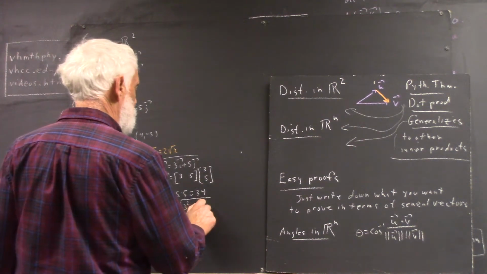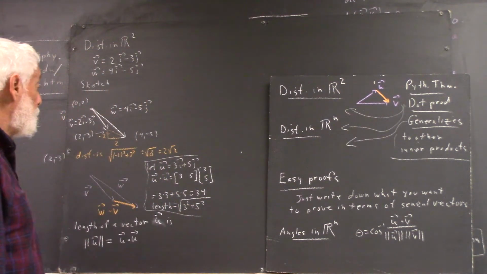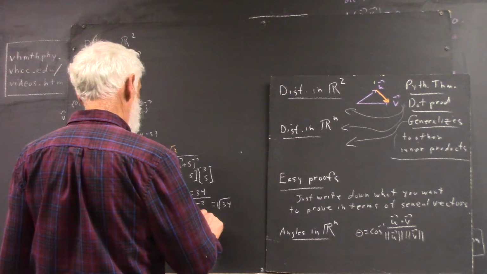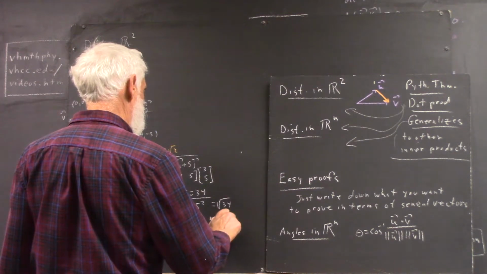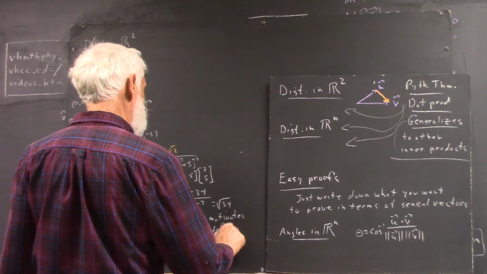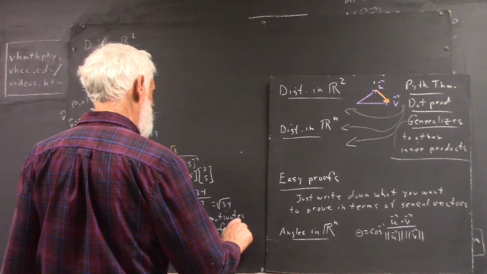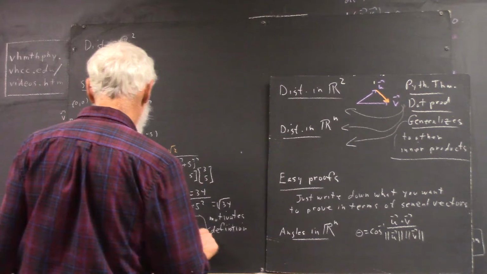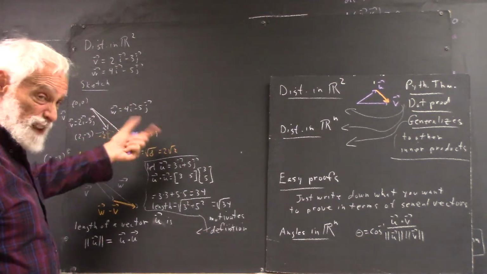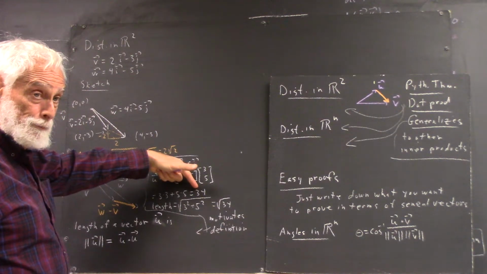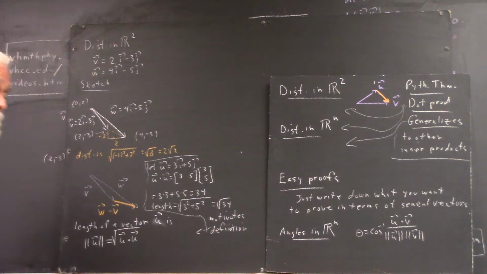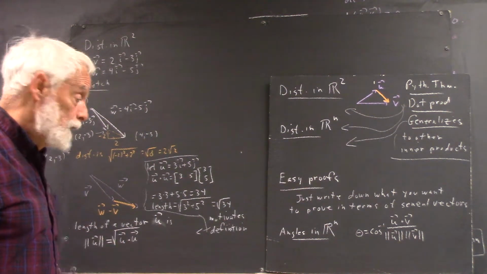So this motivates the definition that I'm going to complete here, which is that it's not u dot u, because u dot u in this example gives you 34, right? It's the square root of u dot u.